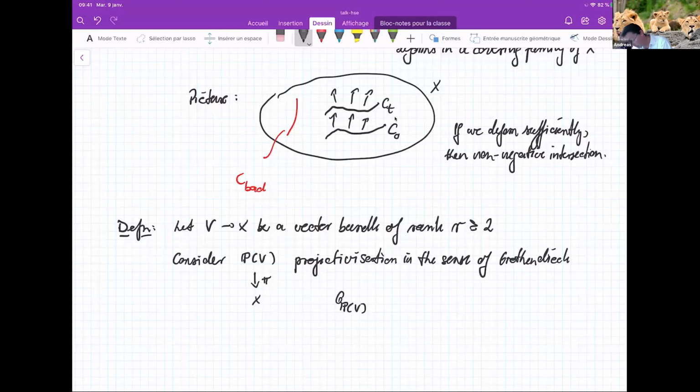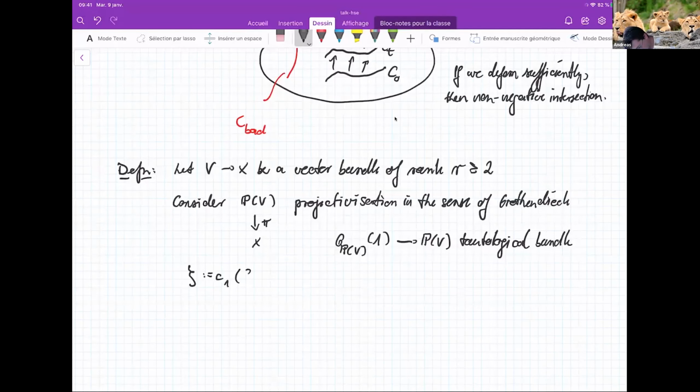In order to simplify the notation, in all these talks, zeta is going to be the first Chern class of this tautological bundle. It's a heavy notation and since you will use it again and again, I will look at zeta, the tautological divisor.